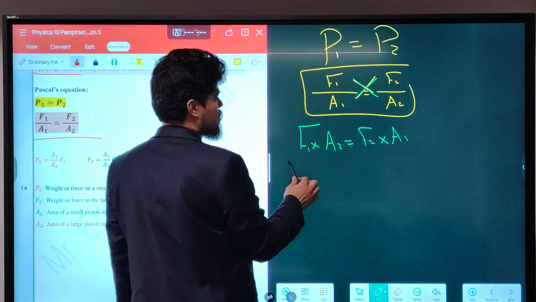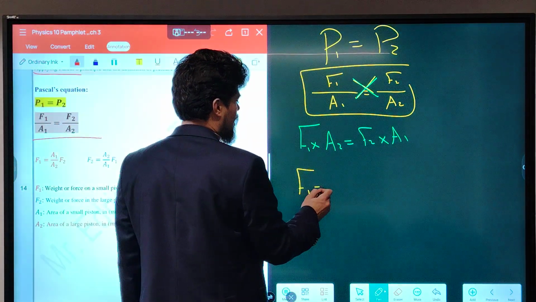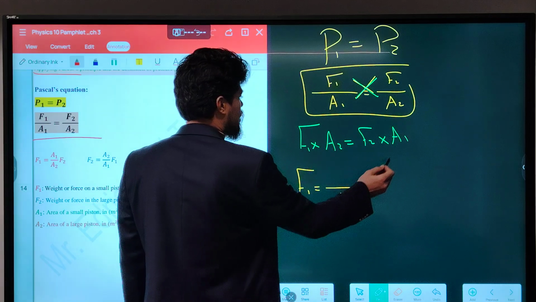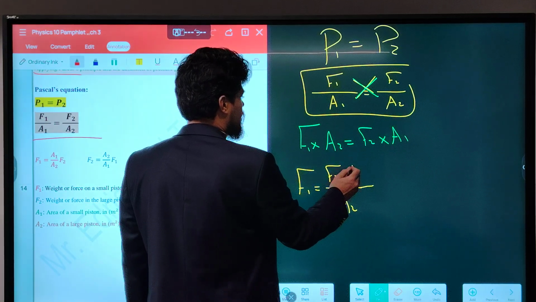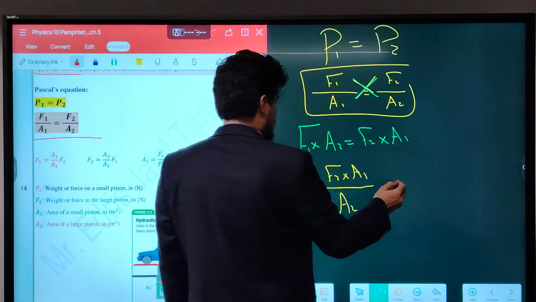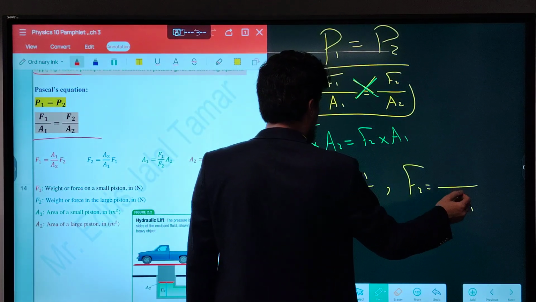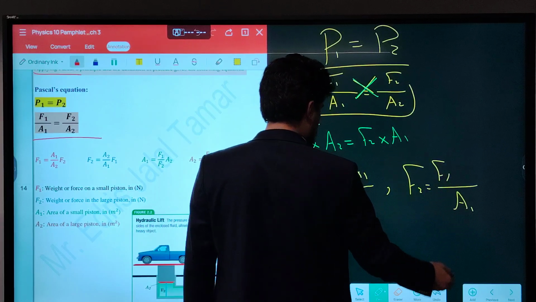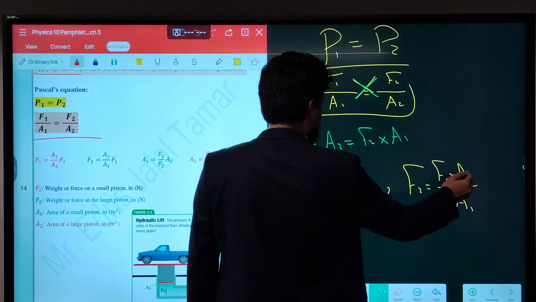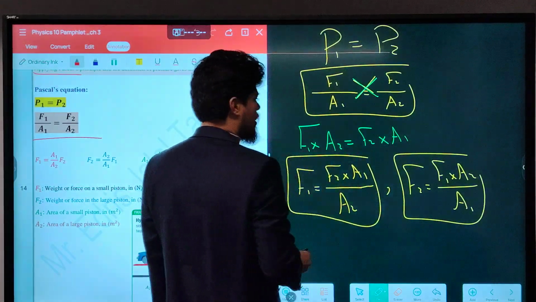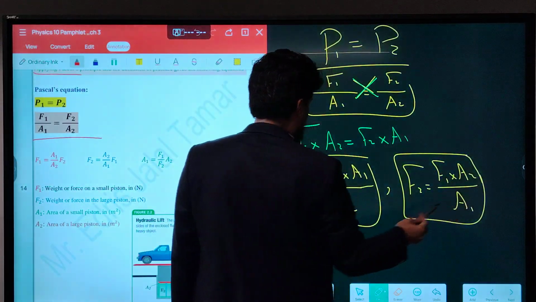To determine the force on a small piston, F1 is equal to F2 times A1, with A2 going to the denominator. To determine F2, A1 goes down, and what remains in the denominator is F1 times A2.